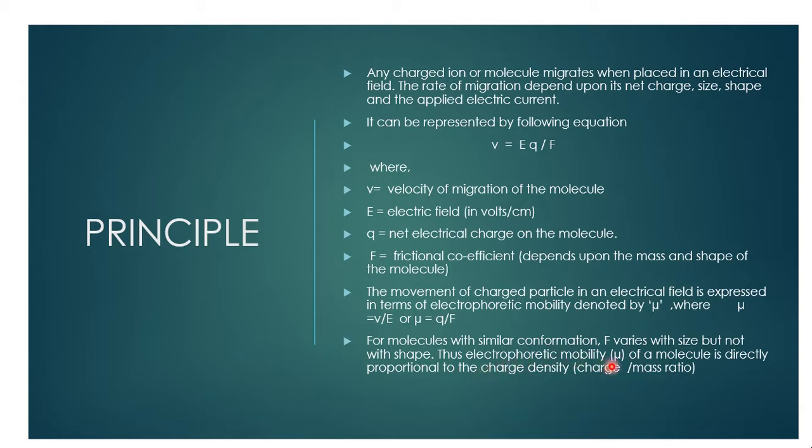Thus, the electrophoretic mobility, mu, of a molecule is directly proportional to the charge density. The charge by mass ratio is called charge density. So your mobility is directly proportional to the charge density of the molecules. This is all about the principle of electrophoresis, which is very important from the exam point of view.